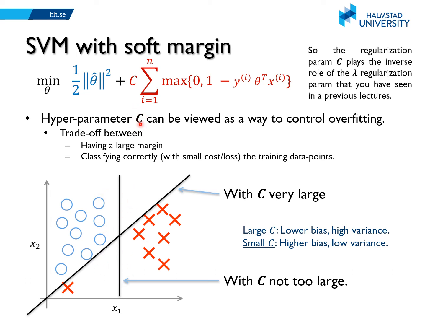So this hyperparameter C is a regularization parameter. It controls overfitting, and it plays an inverse role to the lambda regularization parameter that you saw in some previous lecture where we talked about regularization.